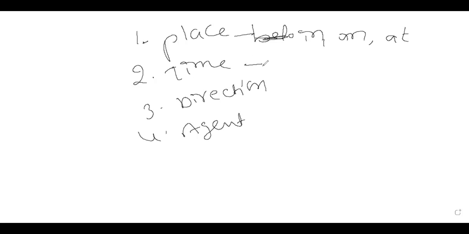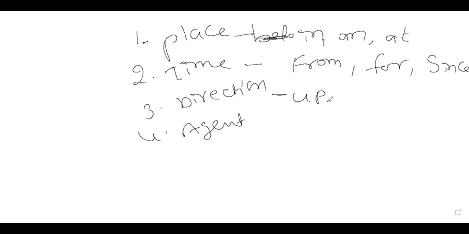And if you look at the time prepositions, if I say I'm waiting from 2 o'clock, or I have been waiting for 3 hours, or I've been waiting since 2 o'clock. So these are the prepositions that indicate time. The prepositions which are used to refer to time are called time prepositions.